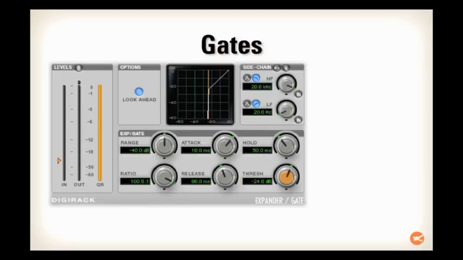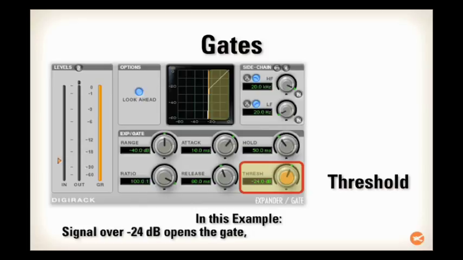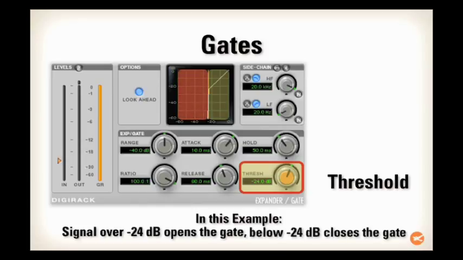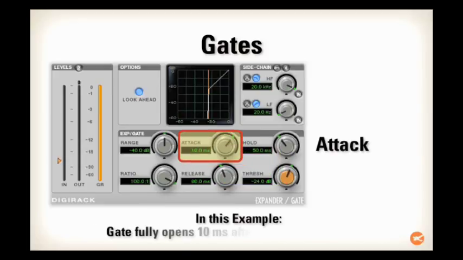Let's take a look at the parameters used to customize the way a gate reacts. The threshold is the amplitude, expressed in decibels, at which the gate opens or closes. The attack is the time it takes in milliseconds for the gate to fully open once the signal exceeds the threshold level.